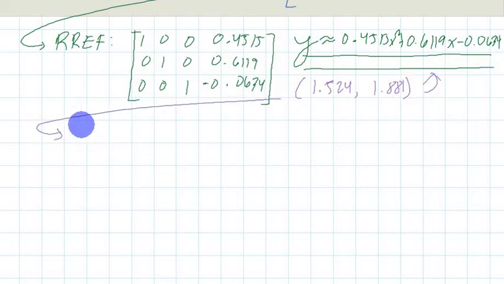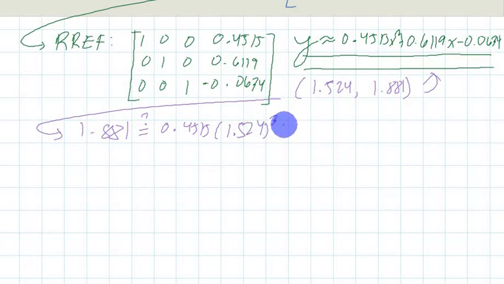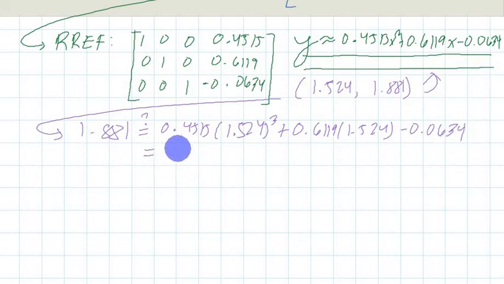Would 1.881 be equal to 0.4515 multiplied by 1.524 squared plus 0.6119 multiplied by 1.524 minus 0.0634? The right side actually adds up to 1.9187, which is a bit far from 1.881.